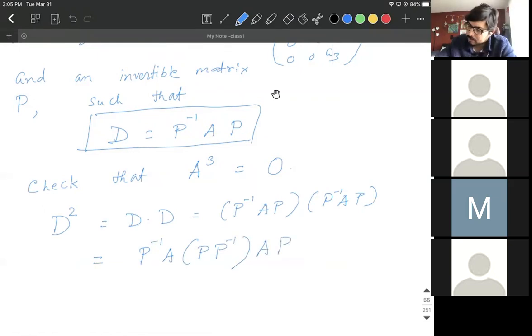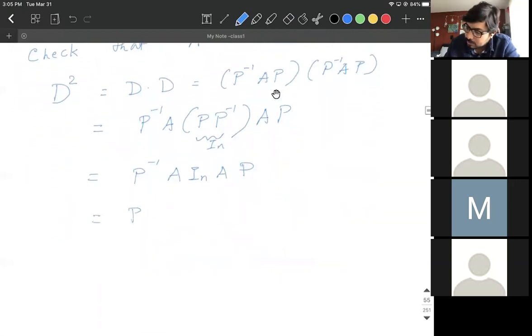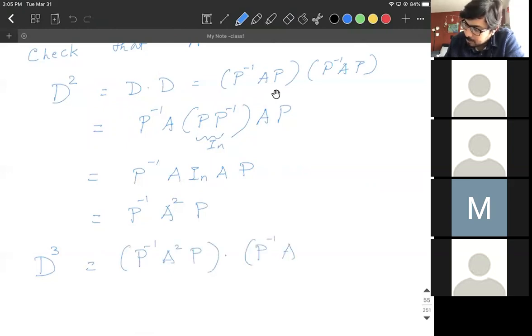So I place the brackets around P and P inverse. But this is simply identity. So this is just P inverse A times identity times A times P. Or in other words, this is P inverse A square times P. Now D cube is, once again, P inverse A square P times P inverse AP.